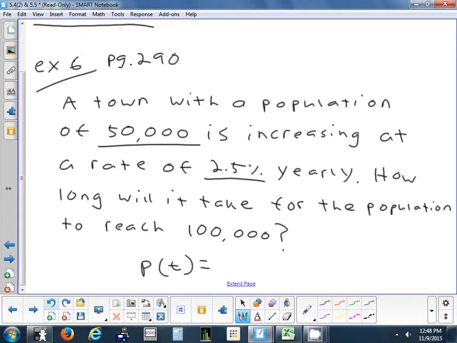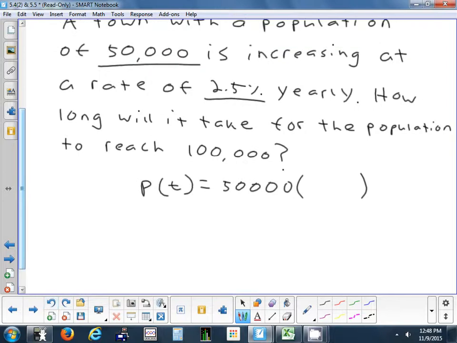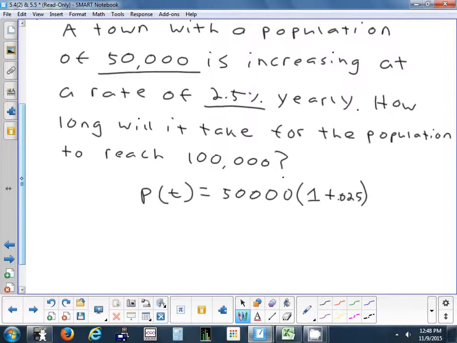Yep, Brad? It'll be 50,000 times 2. So I like that part. That's good. Initial amount times, what goes here? Give you a hint. Yeah, 0.025 is part of it. And a 1, and one more thing. Squared. No, to the t. To the t, yeah.